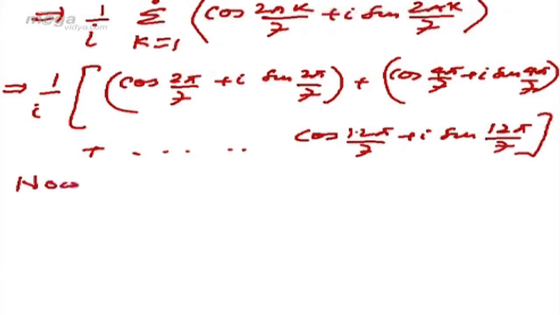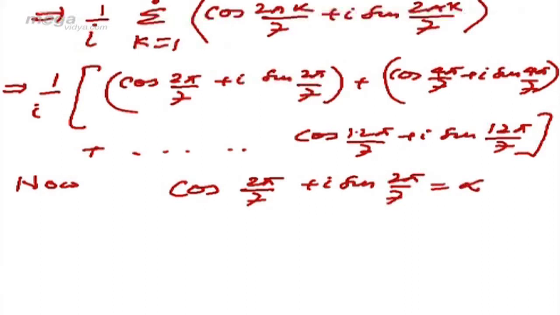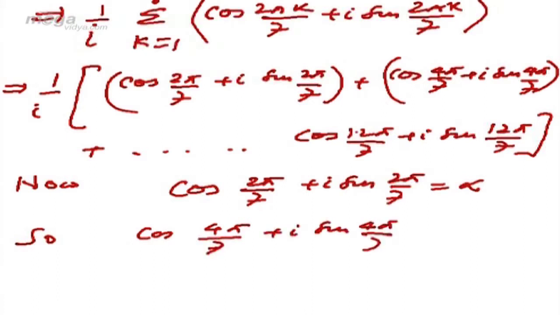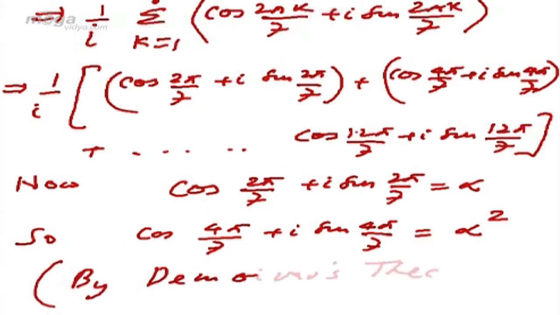Now, if we assume cos 2 pi by 7 plus I sin 2 pi by 7 is equal to alpha, so cos 4 pi by 7 plus I sin 4 pi by 7 will be equal to alpha square by de Moivre's theorem.